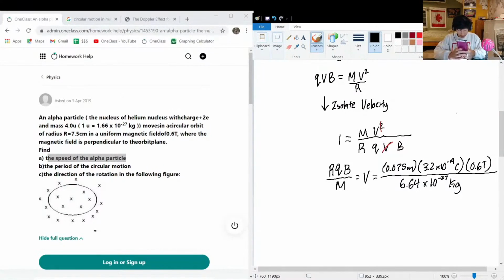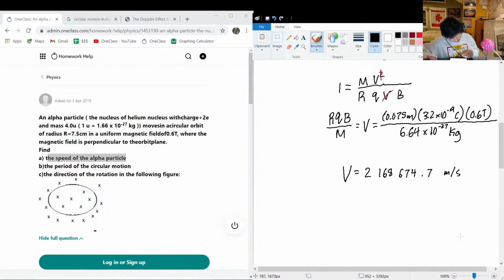That whole thing is divided by 6.64 times 10 to the power negative 27. And the numerical result of that velocity is quite speedy. So v is going to be equal to 2,168,674.7 meters per second.